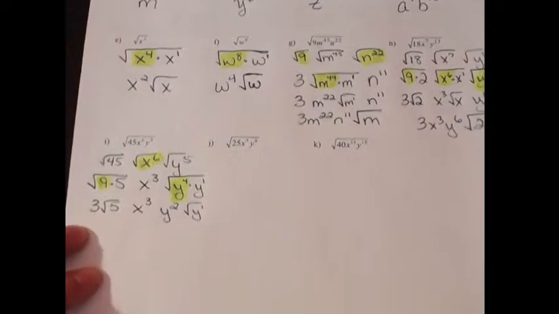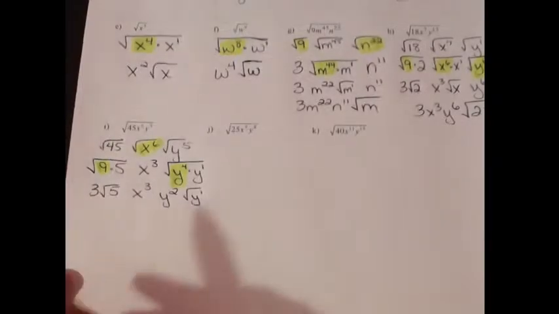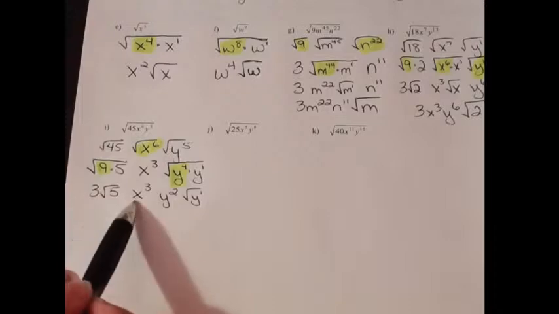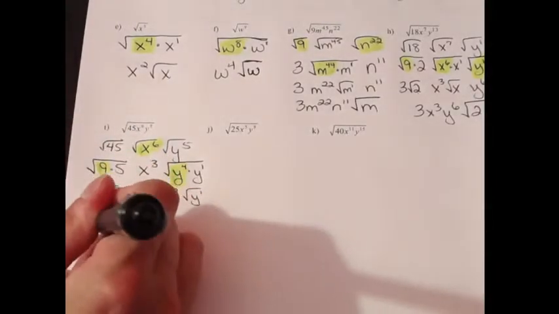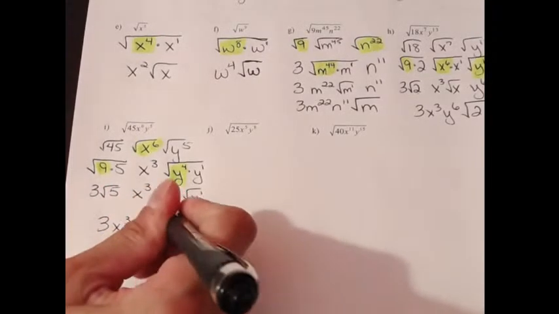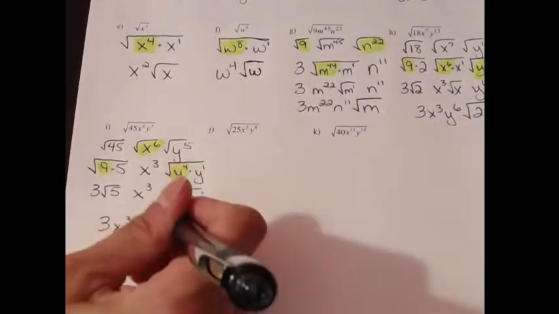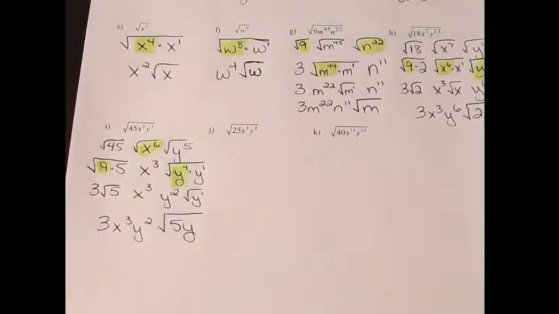As we learned in our previous problem, we're going to collect all of the bases that are not underneath the square root, and we'll write that first. So we'll write down 3 x to the 3rd, y to the 2nd, and then we're going to collect all of the bases that are underneath the square root, which happens to be 5 and y, and we'll combine those like so.